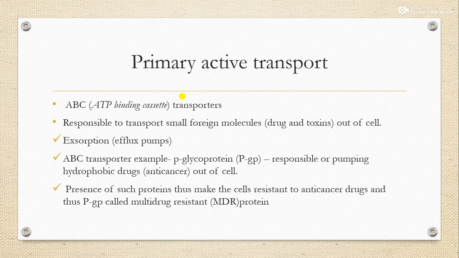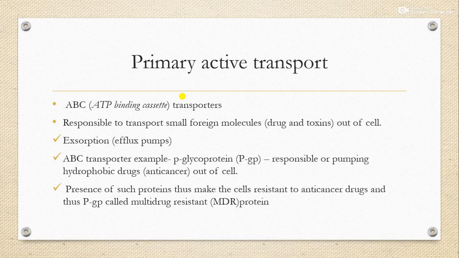ATP binding cassette or ABC. These transporters are responsible to transport small foreign molecules like drugs and toxins out of the cells. Since they transport such foreign molecules out of the cells, they are also called efflux pumps, and the process is called adsorption.